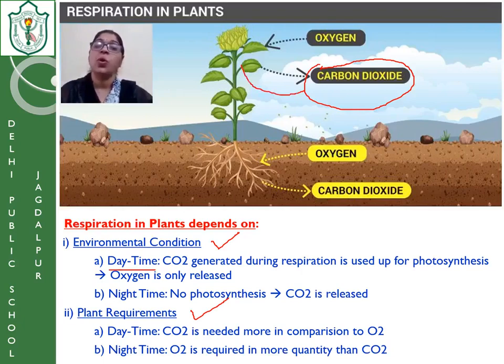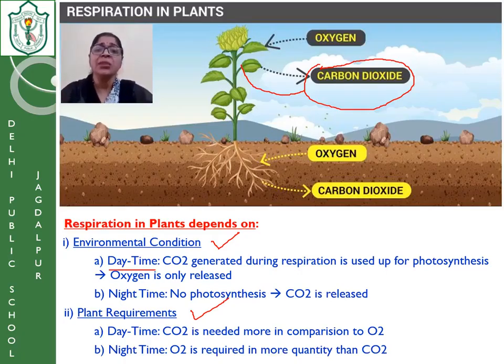So what happens? Only oxygen is released out in the daytime. Why? Because the carbon dioxide produced by breathing is used up by photosynthesis, and what is released by photosynthesis is oxygen. So during the daytime, CO2 is generated during respiration, but that is used up, so the net release will be more of oxygen.